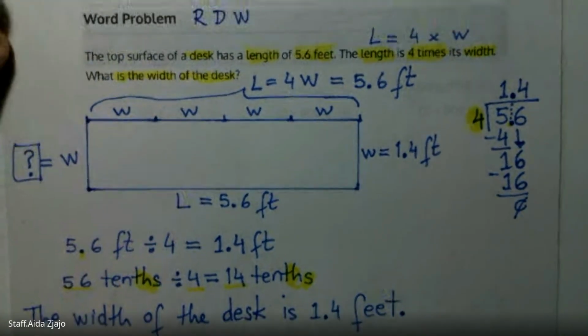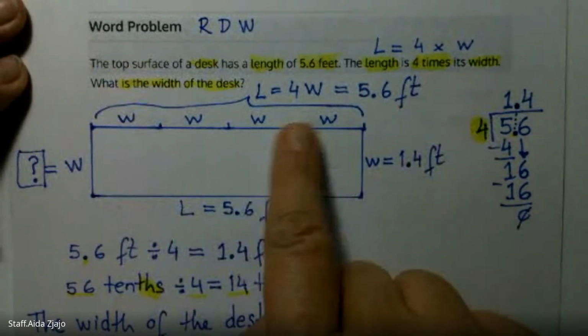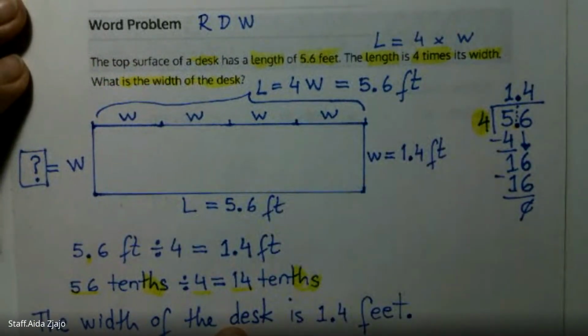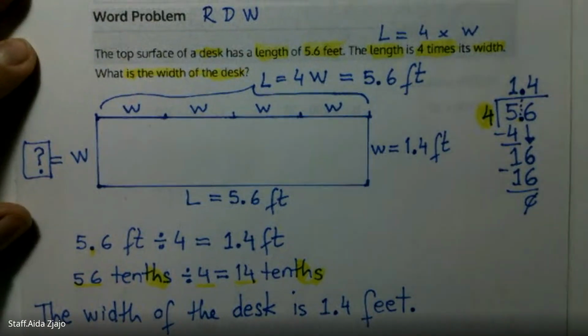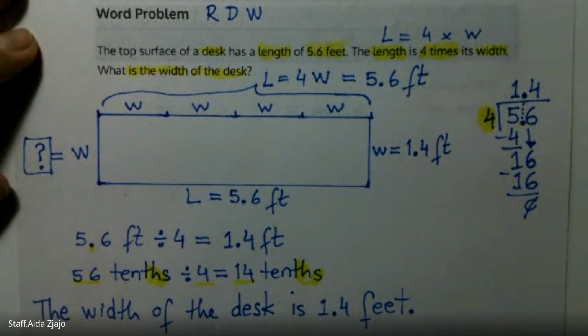We read the problem, we drew the picture, and then we also answered the question in a full statement. All right, guys, I hope you like it, and I hope it makes sense.